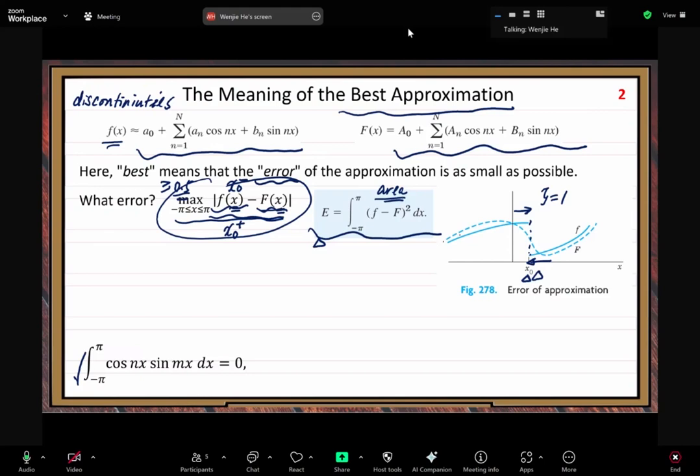The area for this part could be very close to 0. We don't worry about it. Mainly we worry about the area difference around the discontinuity point. But in this way, with a continuous function, you can make it very close. The error becomes smaller and smaller.